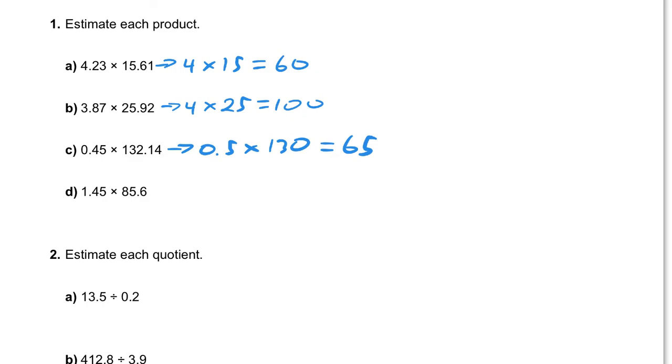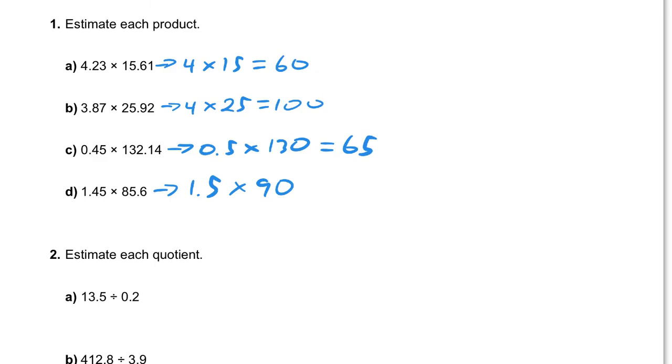And there we go. Then we've got 1.45 times 85.6. Well, let's try making it 1.5 times 85. You know what? Let's not make it 85, let's make it 90. So 1.5 times 90.